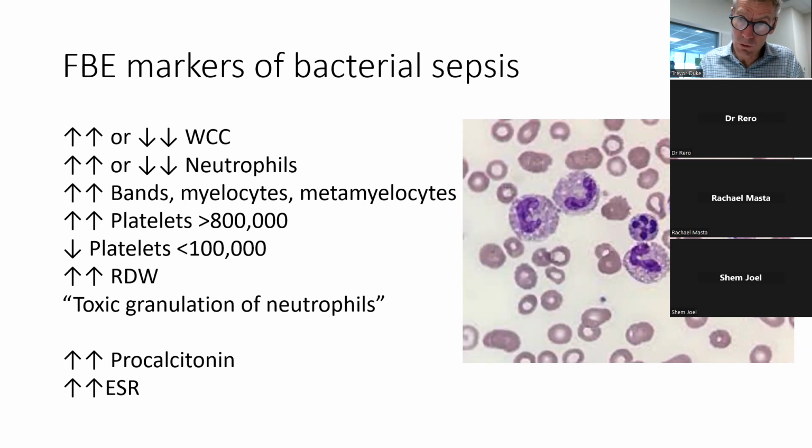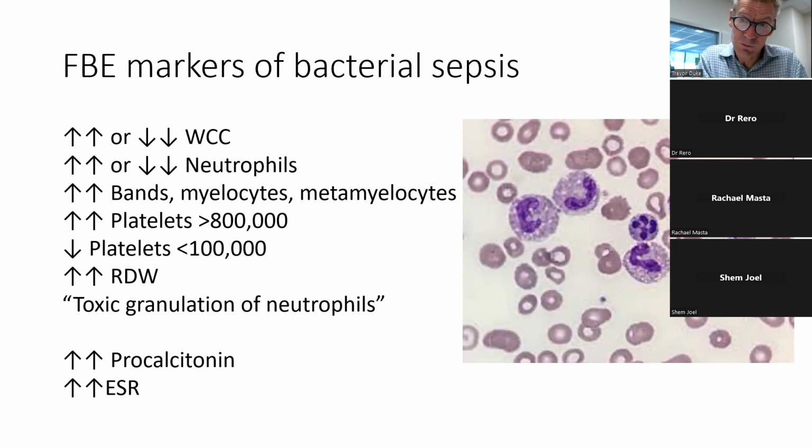But there are lots more features of the full blood count that we can look at in more detail, including obviously whether the neutrophils are high or low, abnormally high or abnormally low. And then remember that when the body is faced with an infection, the bone marrow starts to produce new neutrophils, often called granulocytes.